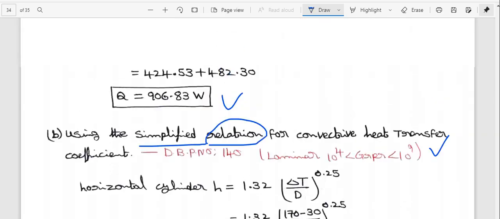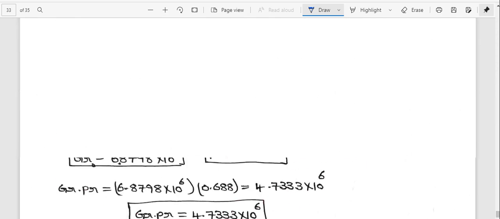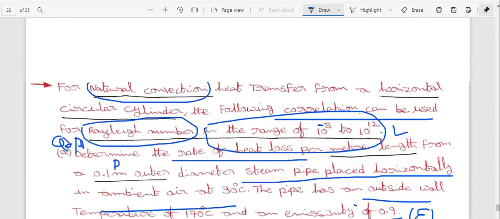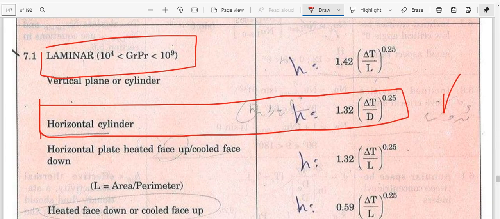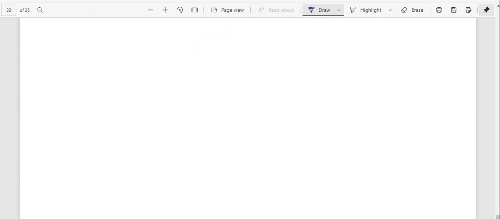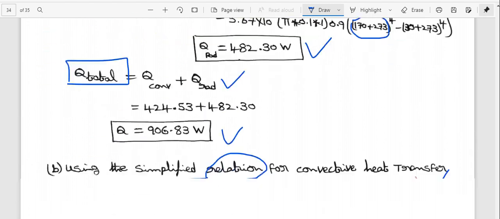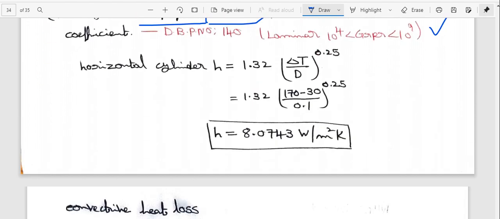So is this question horizontal or vertical? It is a horizontal circular cylinder, that's why I am considering the horizontal cylinder formula, h equal to 1.32 (delta T by D) power 0.25. So we need to substitute these values.